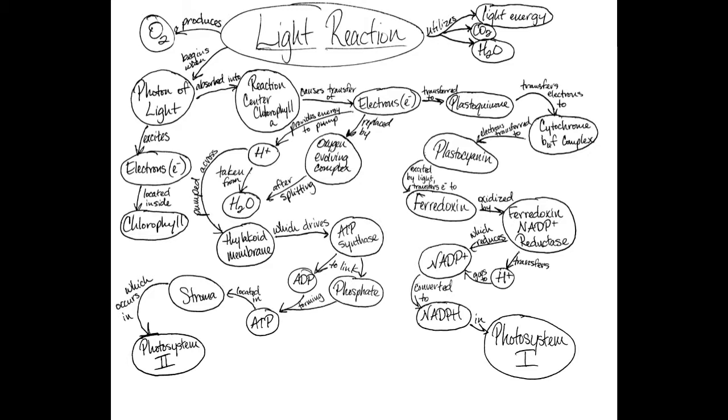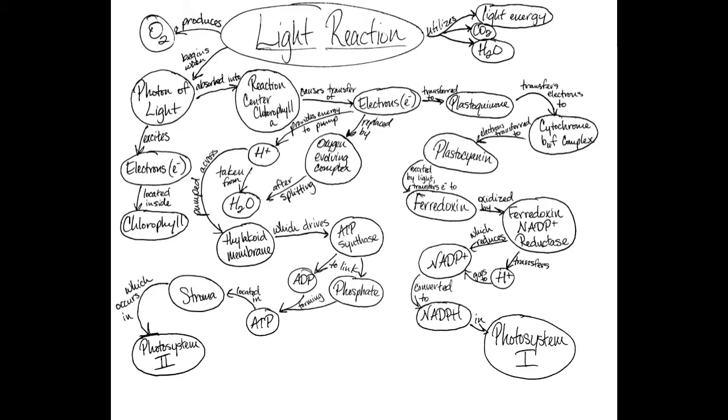I'll go further into where they go next, but the electrons would provide the energy in order to pump the hydrogen ions, the H plus. Those electrons are transferred from the system, which I'll explain is photosystem 2.